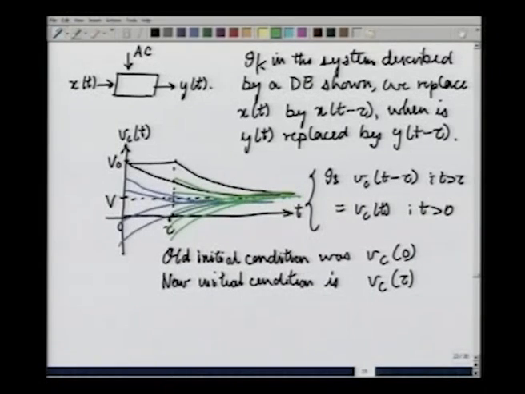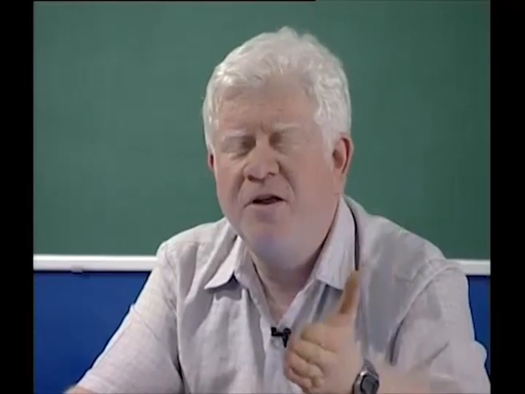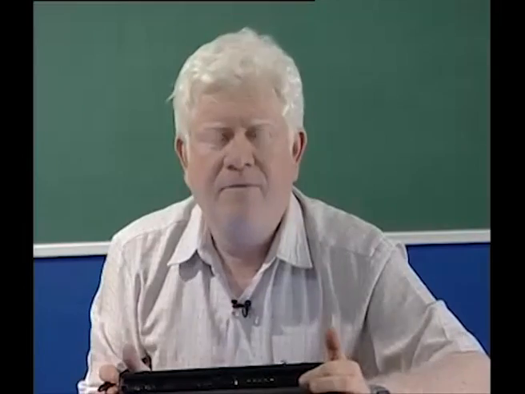In short, this set of curves is the original set of curves, all shifted by the quantity tau in the same direction.